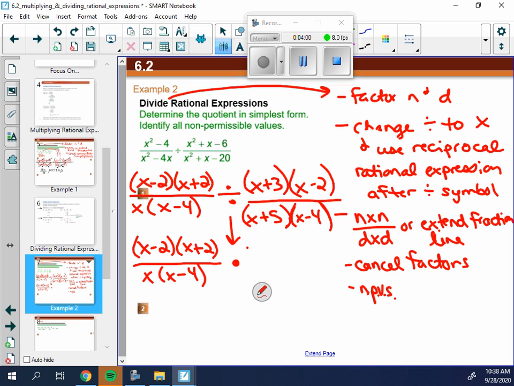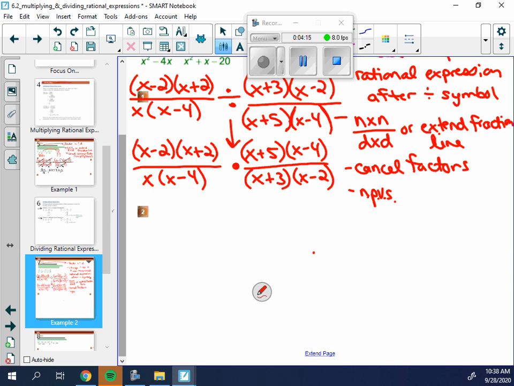My denominator becomes my numerator, and my numerator becomes my denominator. Now it's multiplication, just like the last example. Numerator times numerator, denominator times denominator, or I just extend out my fraction line, start canceling stuff.